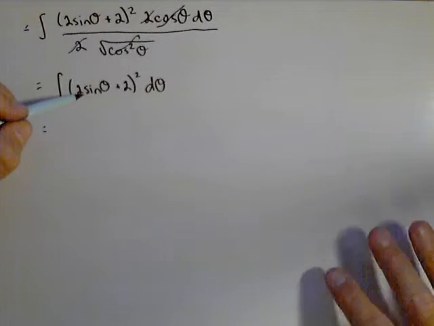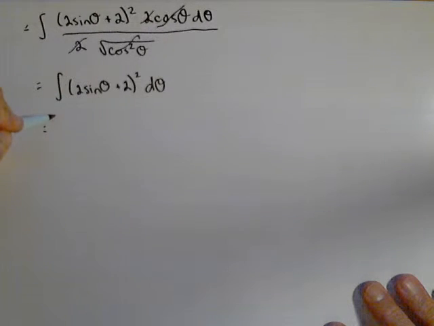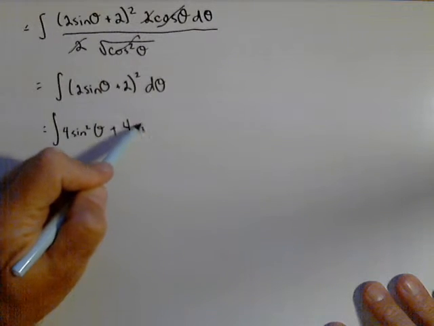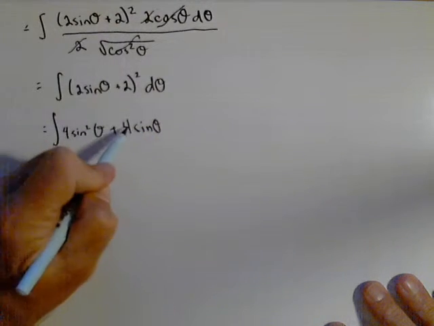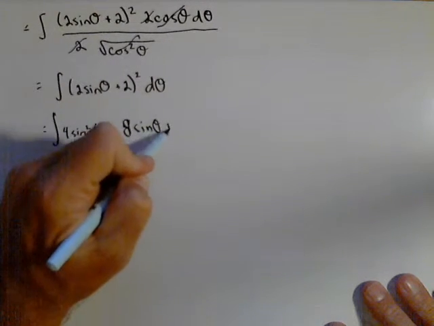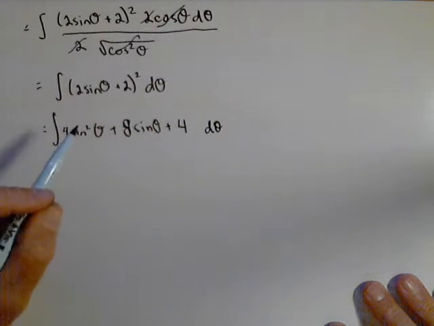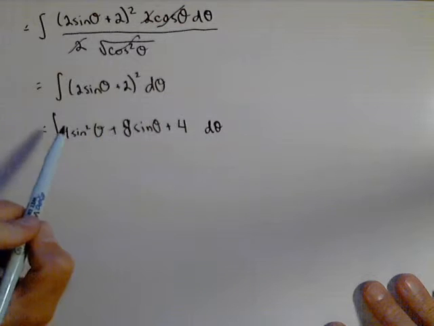Now in order to solve this, we're going to need to multiply this out. So foiling this out, we get 4 sine squared theta plus 8 sine theta plus 4 d theta. We're going to be able to break this up piece by piece.